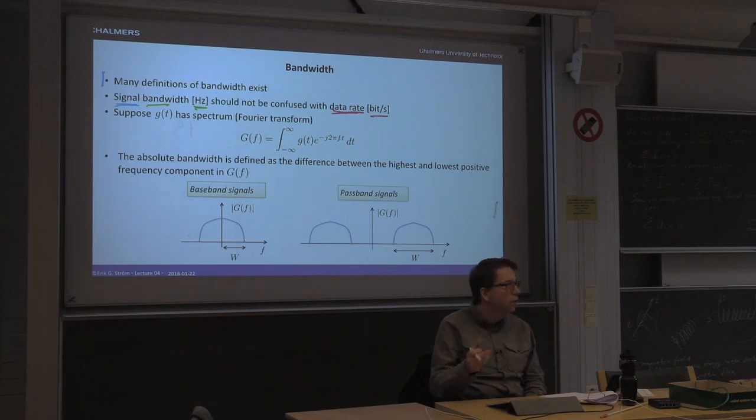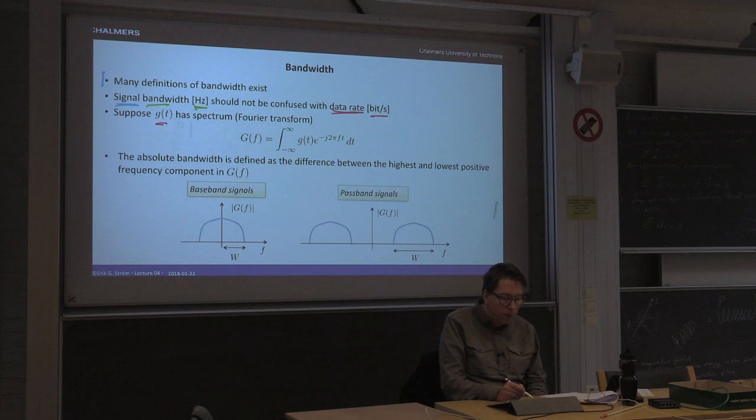The frequency content of the transmitted signal, for instance. Now, suppose we look at the basic pulse G. It has a spectrum, that is, the Fourier transform of G is this integral here. I'm sure you've seen it before. The absolute bandwidth is defined as the difference between the highest and lowest positive frequency content in G. So what do we mean by that?